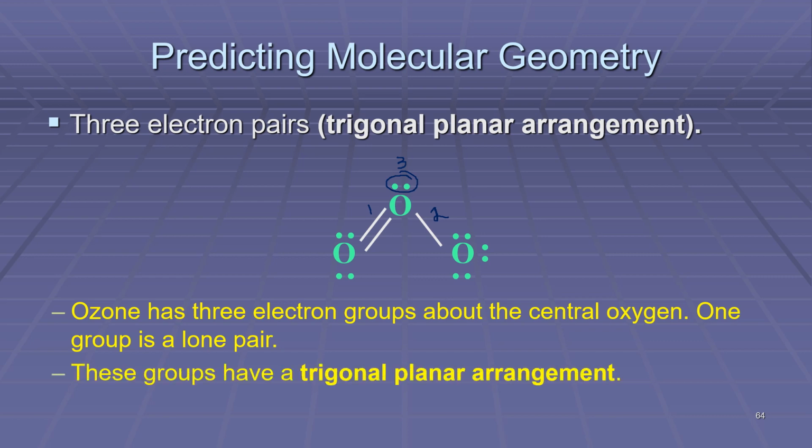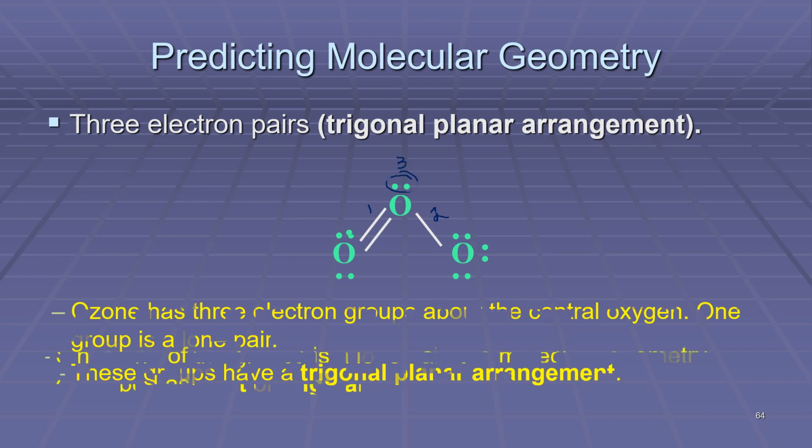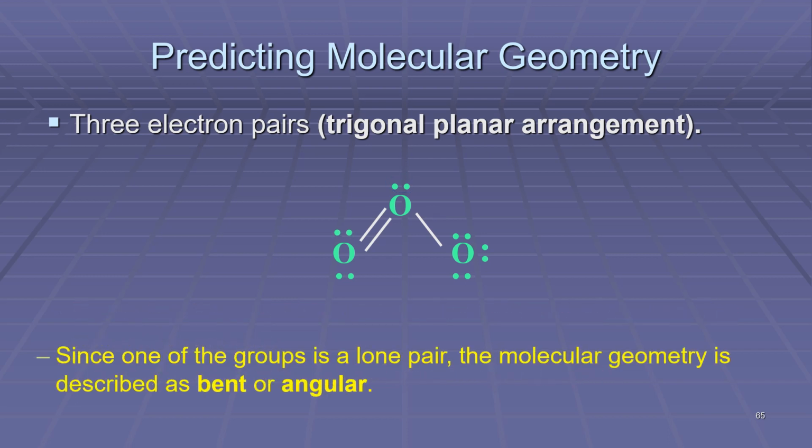So ozone is trigonal planar in its domain arrangement, or overall electron pair arrangement, but we also call it bent because it has the unshared pair. And you can see that that shape is bent. Sometimes I'll draw the unshared pair in a little bubble to remember that it ends up taking space.